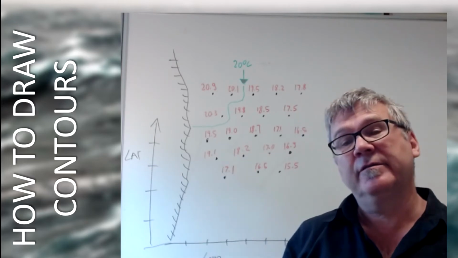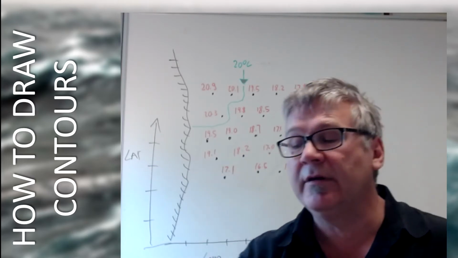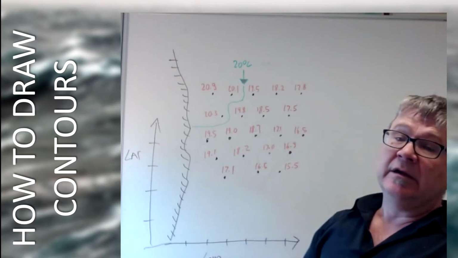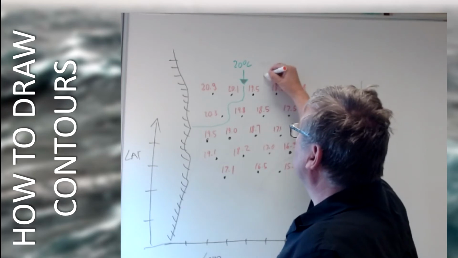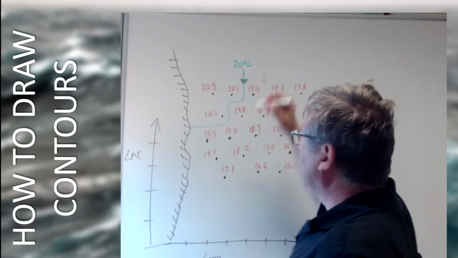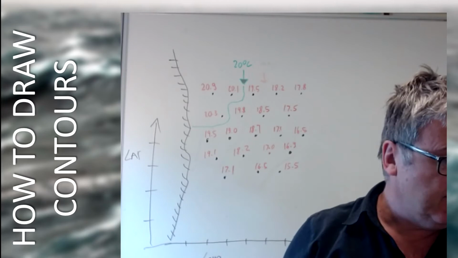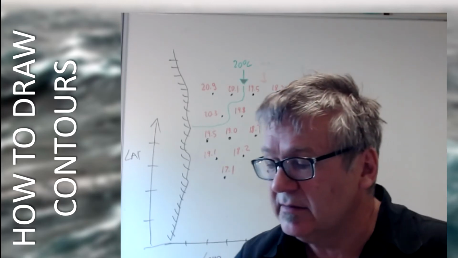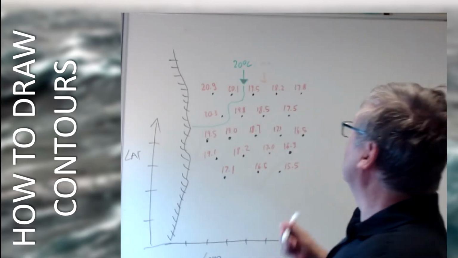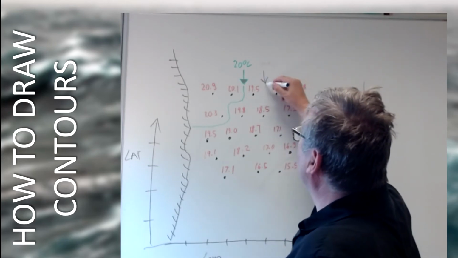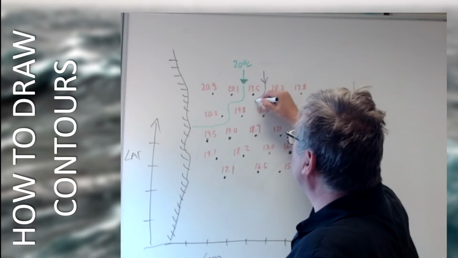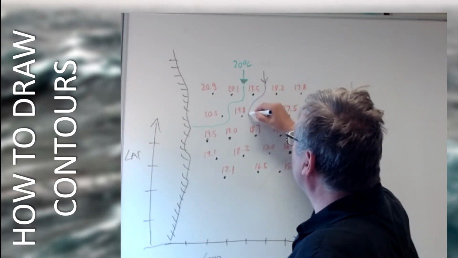Next choice is the 19 degree contour, and you do the same thing. This color is not so good, so we check away. I can use this color here. Blue should work. Follow again, draw a contour, it has to stay warmer on one side.